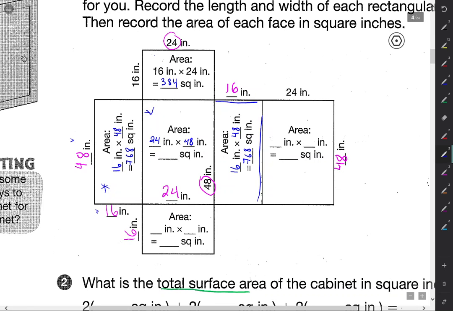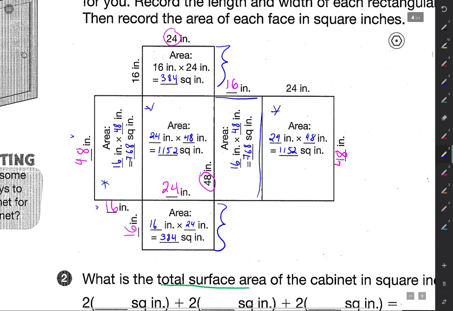And if we plug that into our calculator, we're going to get 1,152 inches squared. And this one over here is going to be the exact same size, 24 times 48, which is 1,152 inches squared. And this one, finally, is the exact same as this one up here. So we're going to do 16 times 24, which is 384 inches squared.